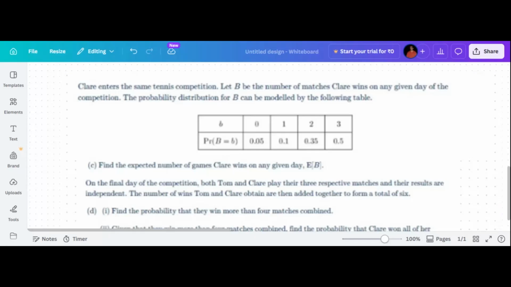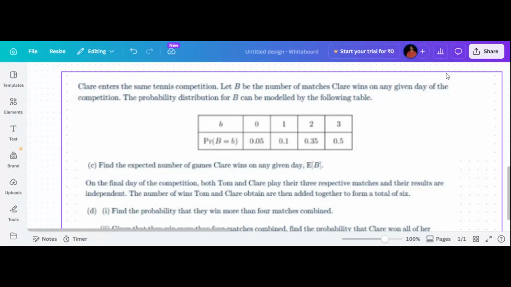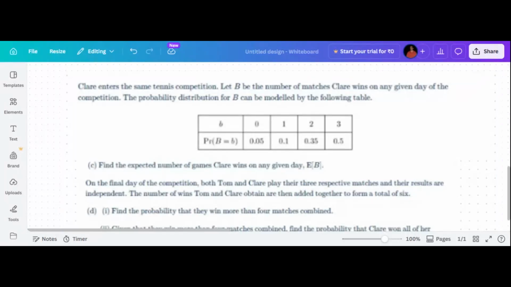Okay, now this problem continues. Now we have another person, Clara. She enters the same tennis competition as Tom of the previous question. Now let B be the number of matches Clara wins on any given day. So again, B is a discrete random variable because the number of matches cannot take decimal values, right?